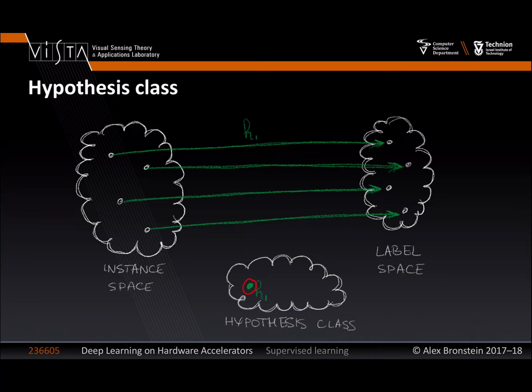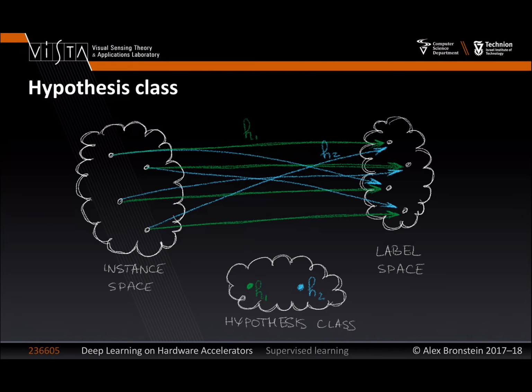For example, this class is the class of linear functions or affine functions that look like this. Okay, as we've seen before. So every setting of w gives me a different point in this space, and a point in this space corresponds to a mapping like this. Okay, if I have another map, it will correspond to a different point in the hypothesis space.